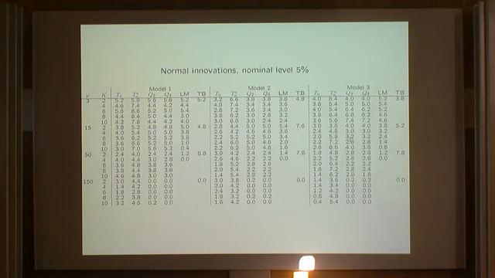Assume epsilon t is normal. In this case, it's genuine IID white noise, and the nominal level is 5%. So this is model 1. This A matrix decays exponentially when you move away from the main diagonal. This is block diagonal A, and this is the uniform A.